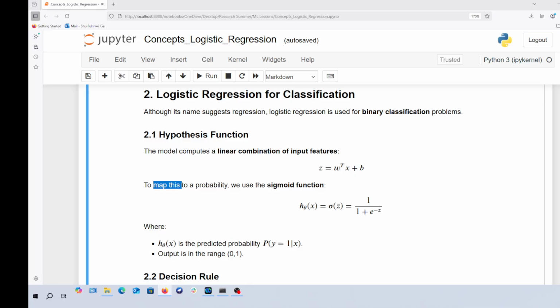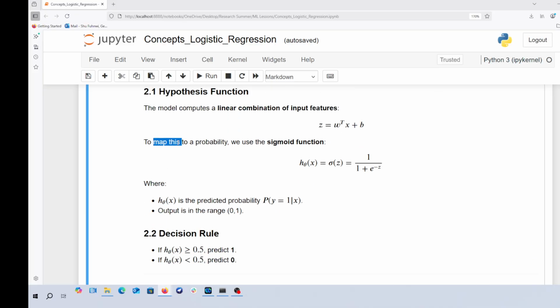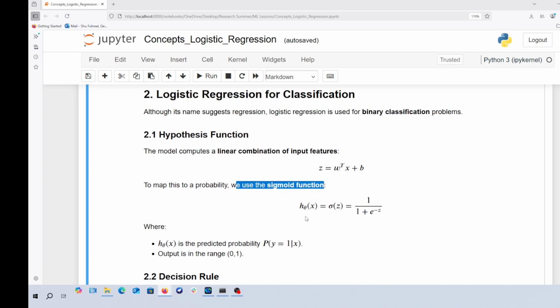So what this hypothesis function is trying to do is to map to a probability, where we use what we call the sigmoid function. For most of us that have taken classes in maths, we have seen this sigmoid function, which is 1 over 1 plus e to the minus z, where z here is the linear combination whose parameters we are trying to learn.